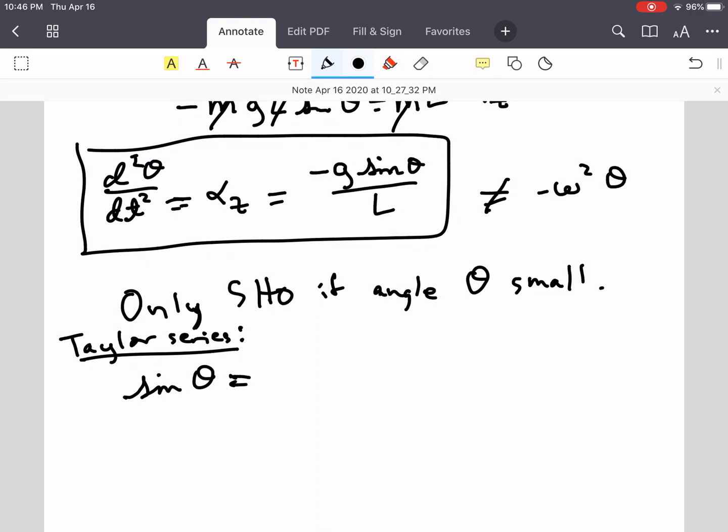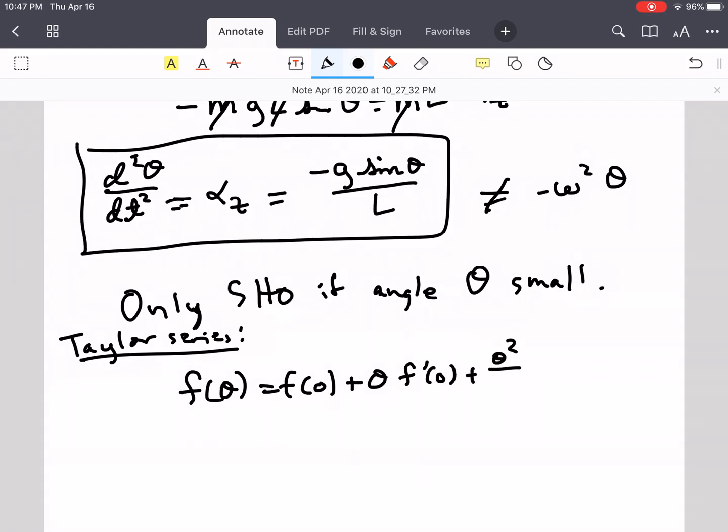The formal definition, you may remember, of the Taylor series for a function f of theta around the origin is f of 0 plus theta times the first derivative of f calculated at 0 plus theta squared over 2 factorial times f double prime of 0, and so on.